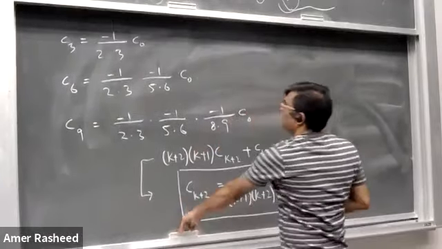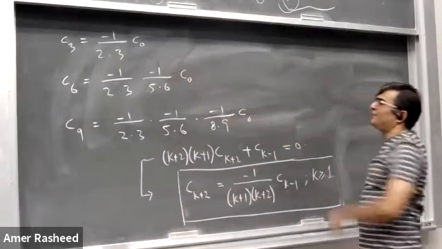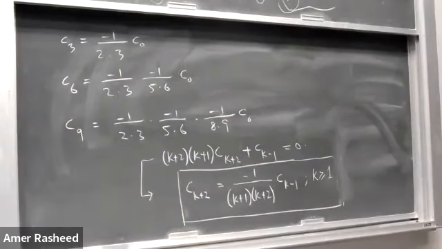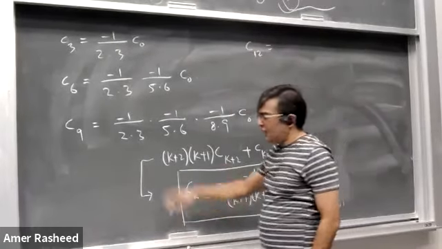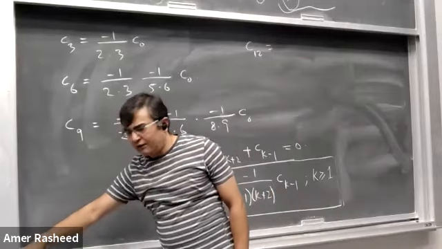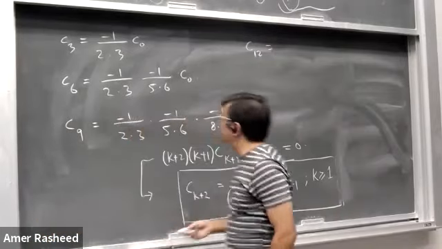Yes, now you can see the pattern of the numbers increasing here. Okay, now C12 should be what? I can write it without even looking at the recursion relation.